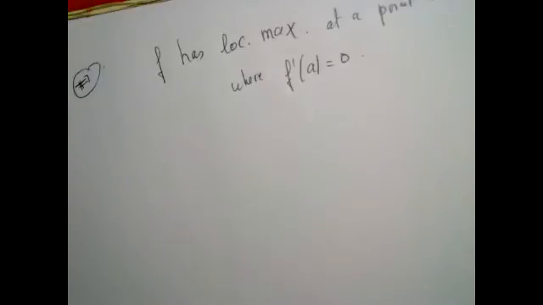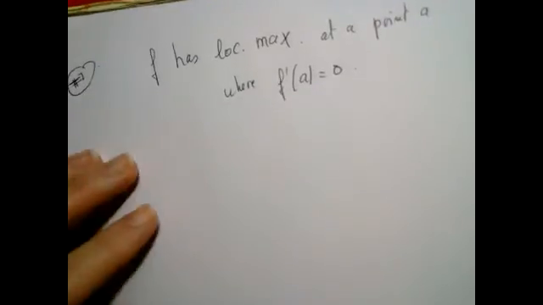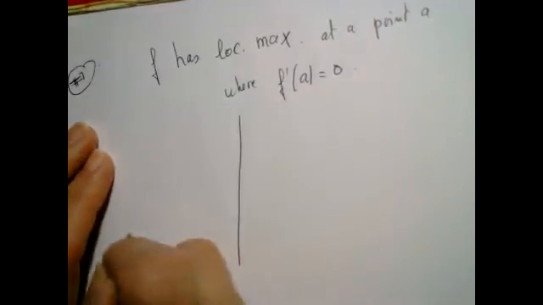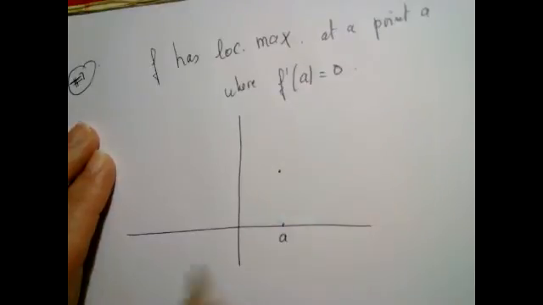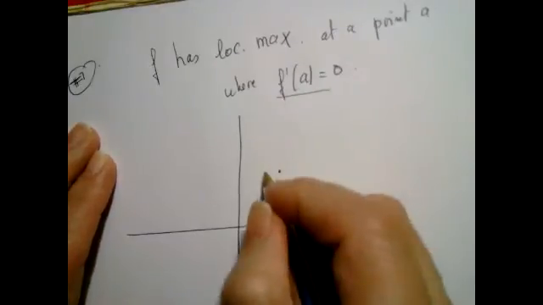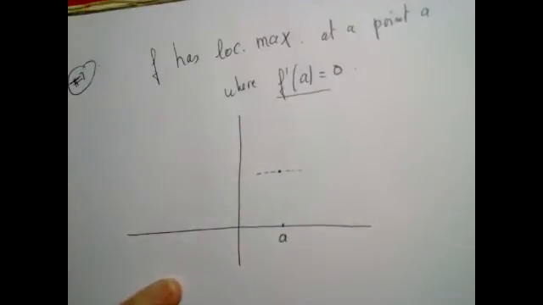Just tell us in words. So we want a local maximum at a point. This is my graph, this is a point A, a point on the graph where the derivative is 0. So it means right here I have a horizontal tangent. That's what it tells me.